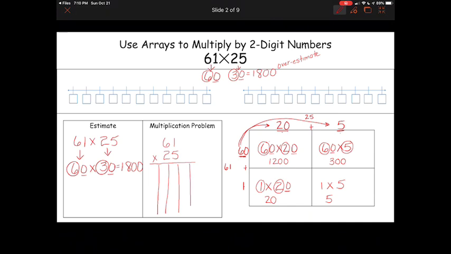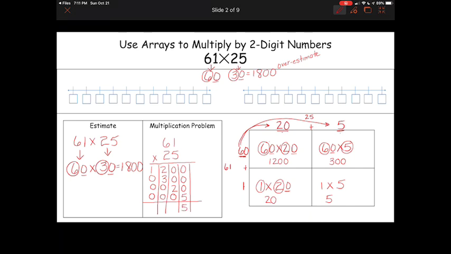They're called partial products because it's only part of the multiplication problem. So 1,200, since it's the greatest, I usually like to put that first. Then the 300, then the 20, and then the 5. These are all the partial products. If you want to, you can fill in zeros into the empty spaces.